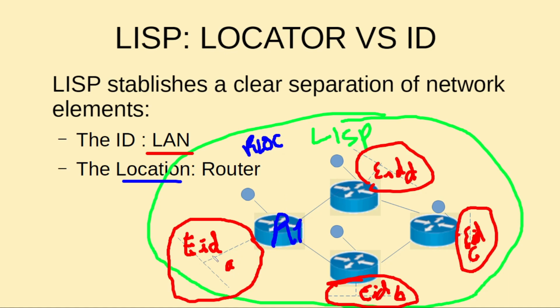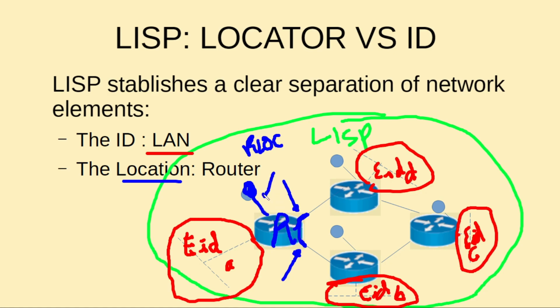So for EID A, we can say that we can have this RLOC that could be the IP address that belongs to this interface connected to R1, or another RLOC for EID A could be the IP address that belongs to this loopback that is connected to router 1.